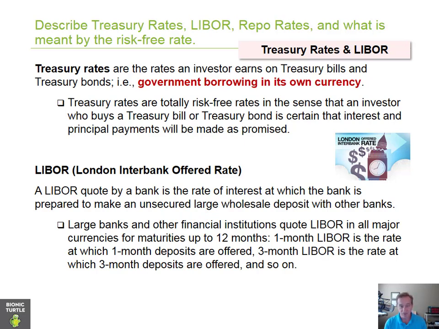So in fact, 18 global banks are surveyed, and then based on that survey, LIBOR is determined. But for our purposes, the key point about it is that it's an unsecured wholesale deposit rate between banks and tends to be short term.